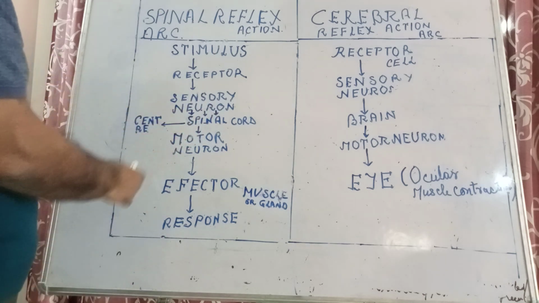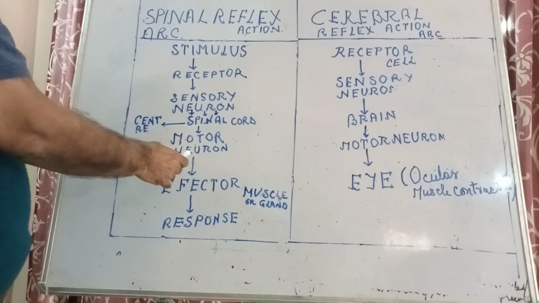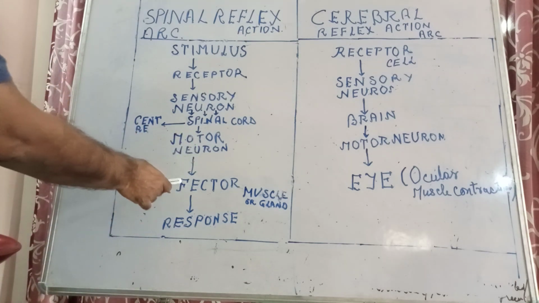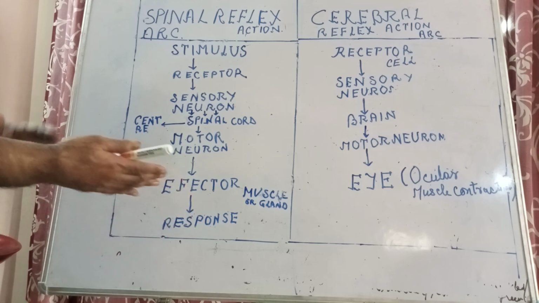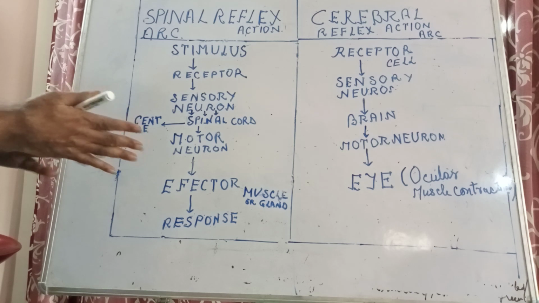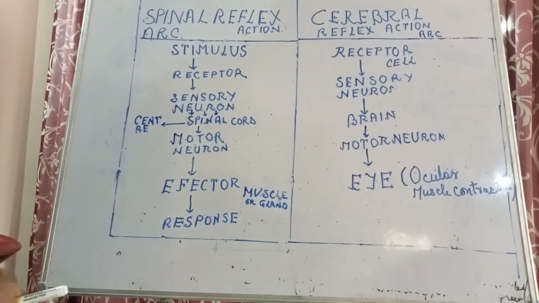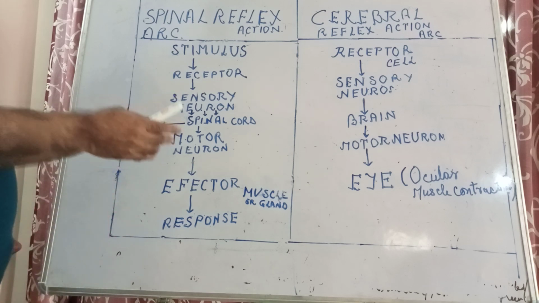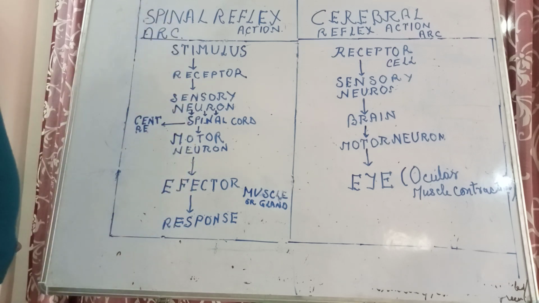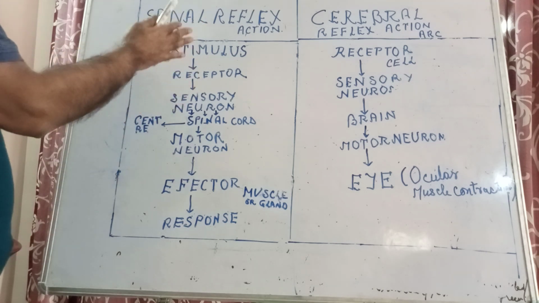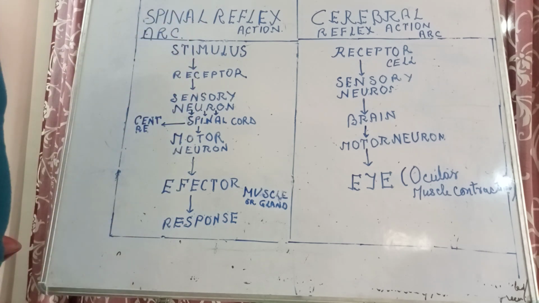Now it is generated into a motor impulse, and it is carried by the motor neuron to the effector, that is the muscles of the fingers or the hand. So the response is the immediate removal of the hand. So this is the spinal reflex action arc, students. I have explained it with an example also.